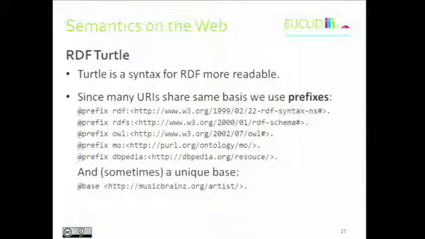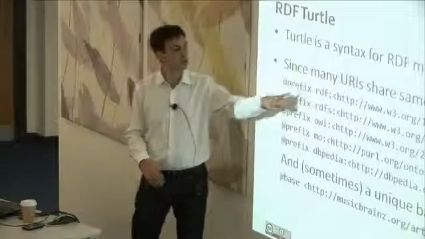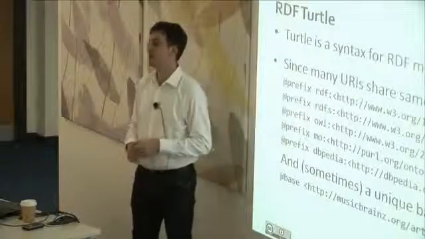So the first idea, again in common with XML, is to say where we have a scheme of URIs that has different local names, in other words, just the bit after the hash or the slash is changing, we call the start of that, the repetitive part, a namespace. And we introduce what's called a namespace prefix. So we give a very short name to this repetitive part.